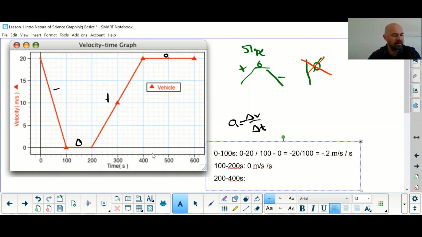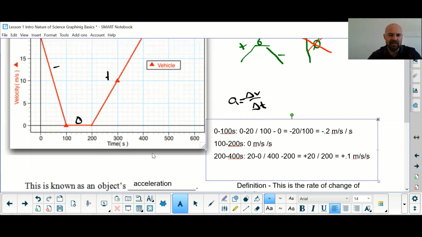It starts at 0 and ends at 20, so it'd be 20 minus 0, divided by the time, which is 400 minus 200. If I clean that up, it's positive 20 divided by 200, which is a positive 0.1 meters per second squared.